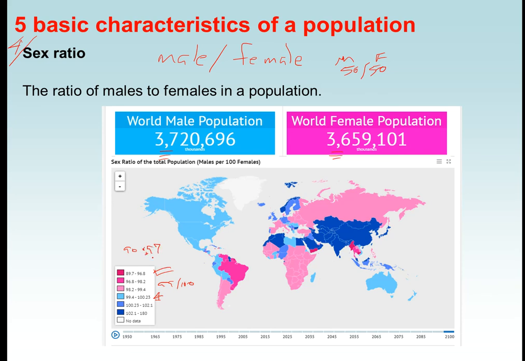So you'll see that in this area. The pink shaded areas are predominantly more female, and the blue shaded areas, the darker blue it is, the more males you have. In this case, it's 102 males to 100 females in these areas.